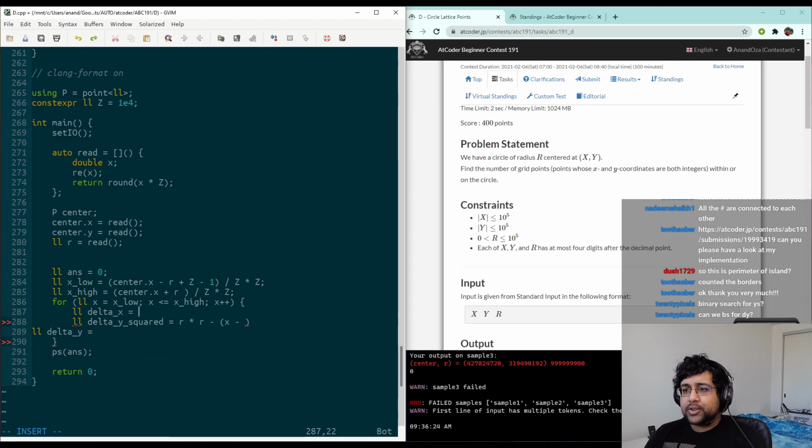Yeah, so we can binary search for dy, exactly. The reason that we can do that is because dy is always going to be an integer now that we've rescaled everything.